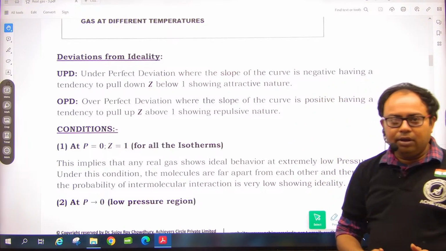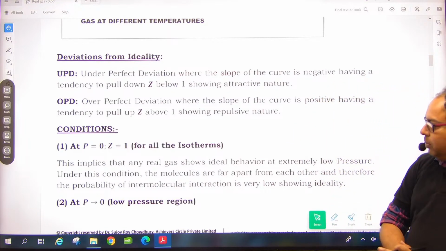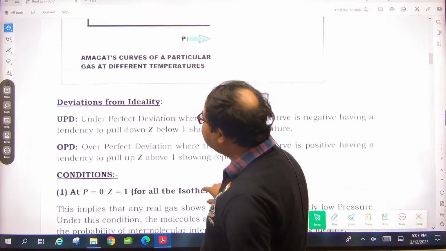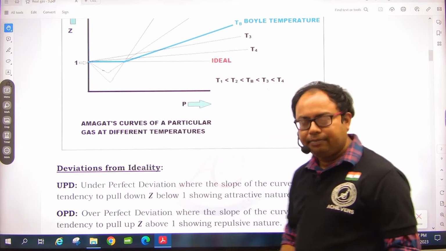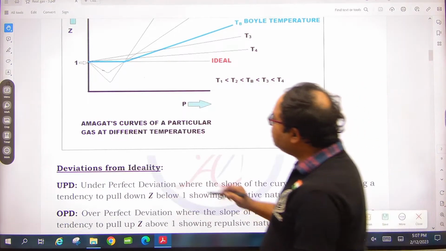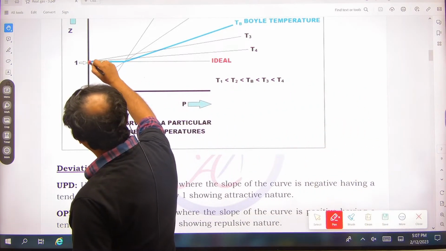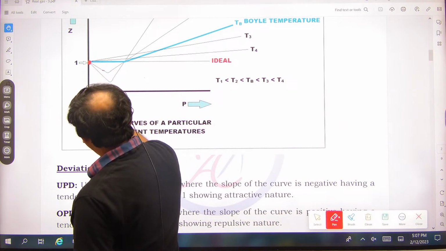Now, some very important observations have to be noted. For all isotherms, you have a common point. You see, this is the starting point, at P equal to 0.